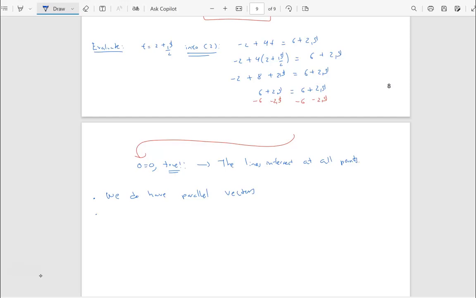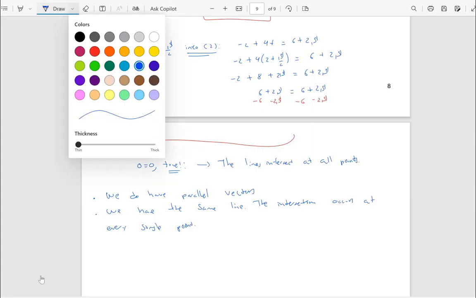We have the same line. And this is because we found that the intersection occurs at every single point. And that's pretty much it.